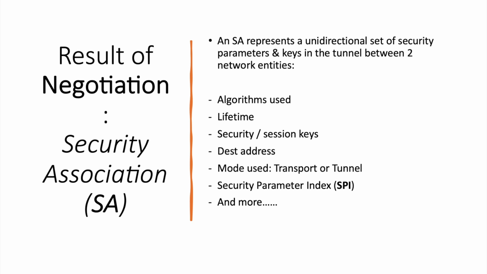So the security association is basically all things like what algorithms were used, what's the lifetime, what's the security keys that we established, what's the destination address, what mode, and it's characterized and identified by what's called an SPI, the Security Parameter Index.